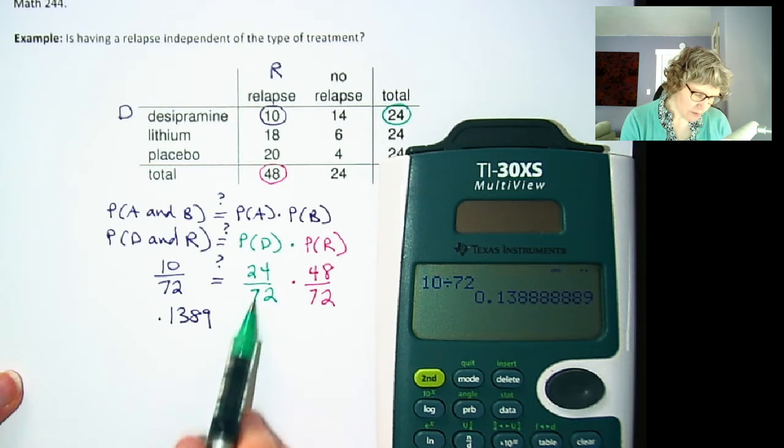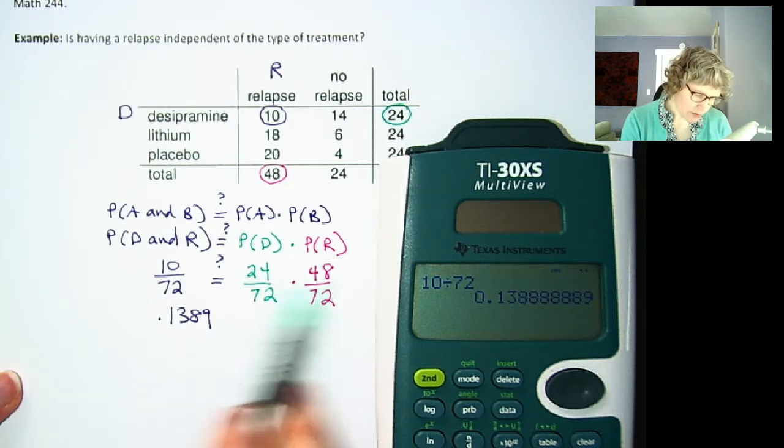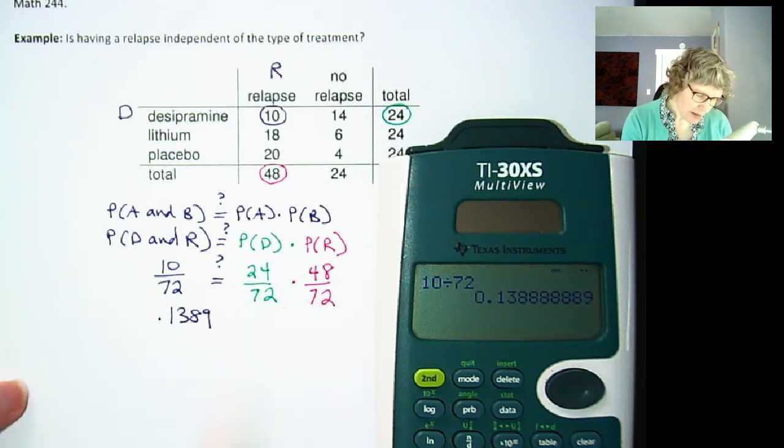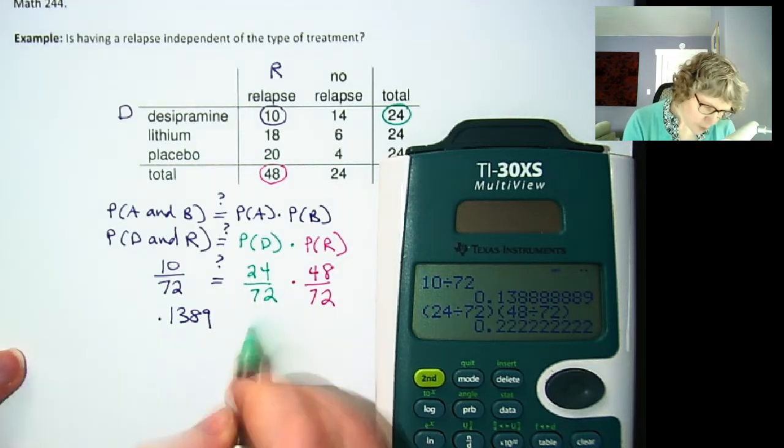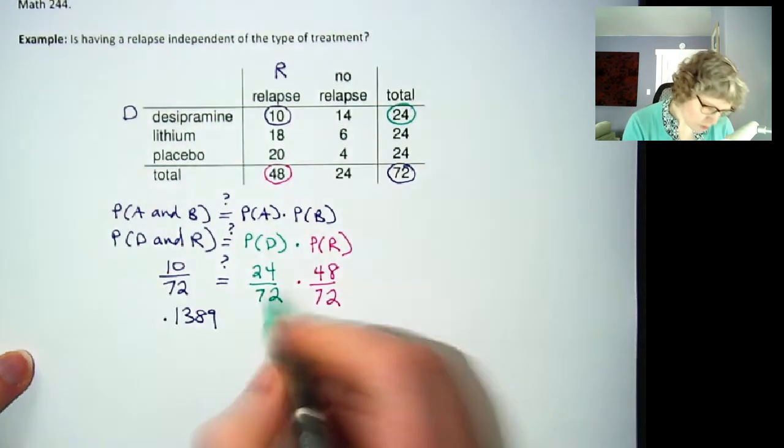You could divide each, then multiply. You could go straight across and then divide. I'm going to put in both fractions with parentheses. That feels like the easiest to me. 24 divided by 72 times parentheses 48 out of 72. And that is 0.2222.